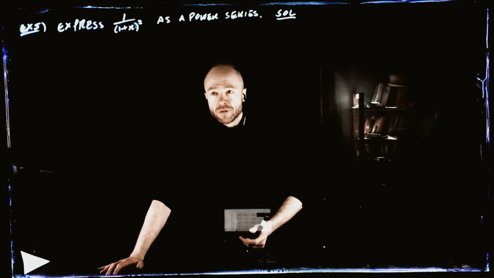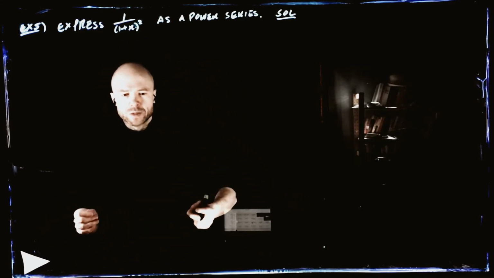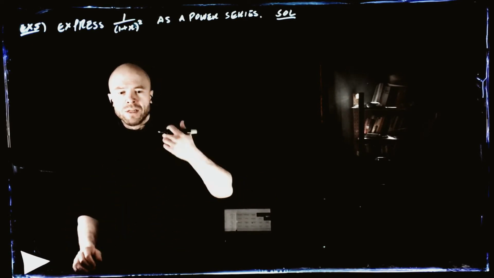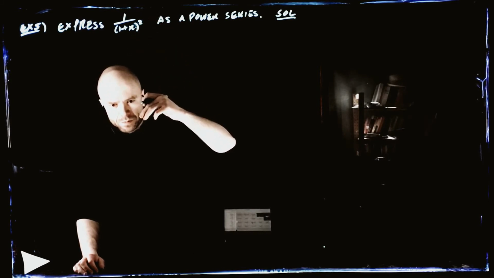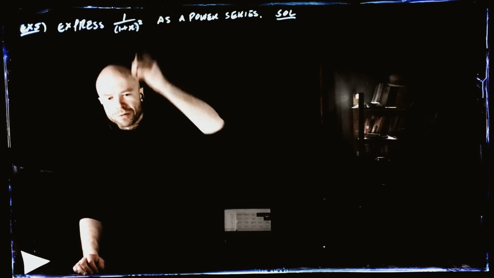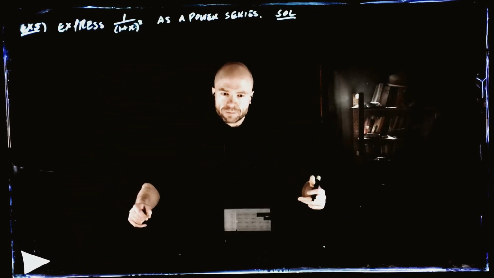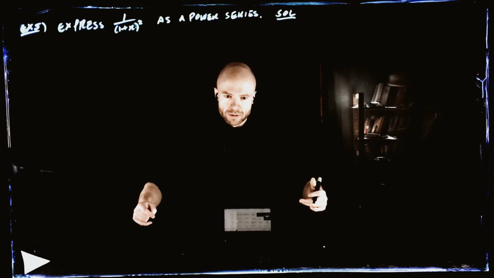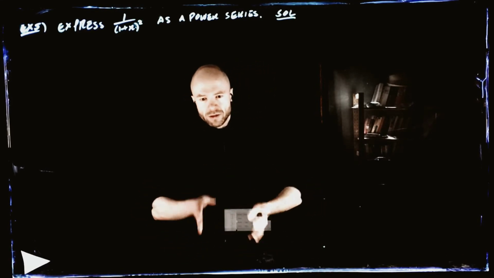So if we can't represent this in the form of 1 over 1 minus y and put it in a power series, we're still in good shape if we can represent either the antiderivative or the derivative. Because if we can put either one in a power series, then we can go back. So we have our original problem right here, and can't see a way to do it with just some algebra.